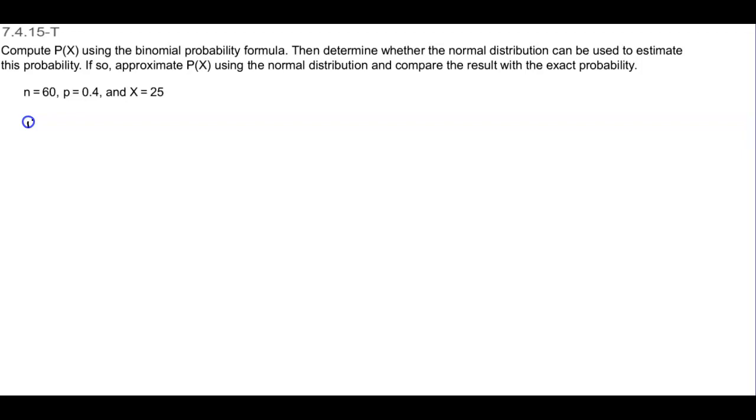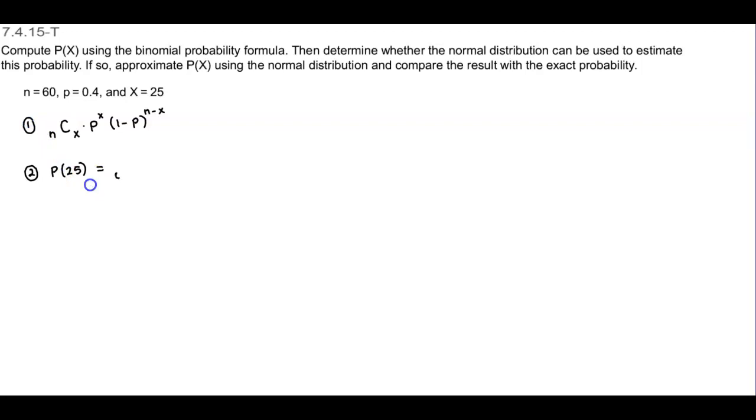So remember that the formula is n choose x times p to the x times 1 minus p to the exponent of n minus x. So if we want to find the probability of 25, then that's going to equal the following.